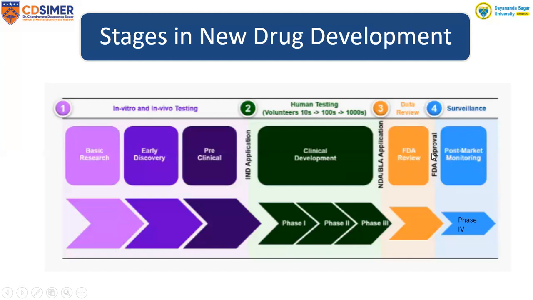Once the drug is found to be safe and effective, the drug will move to the marketing phase. Successfully completing phase 3 trials means that it can go to the next level, that is the marketing phase.